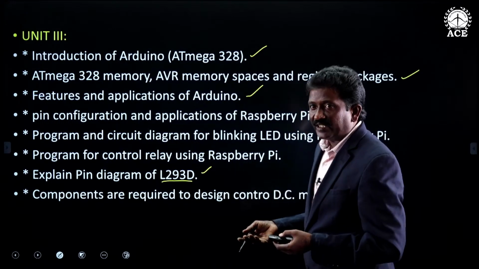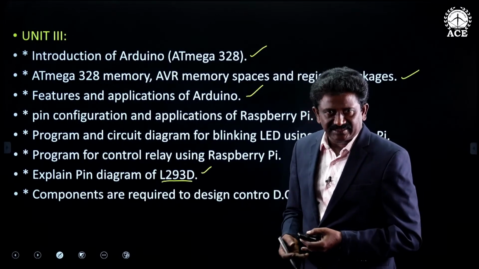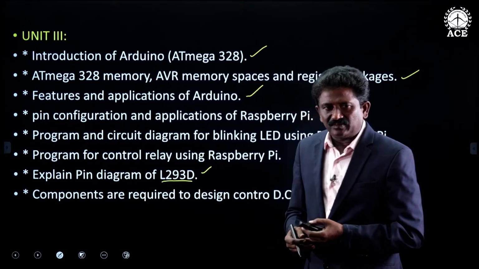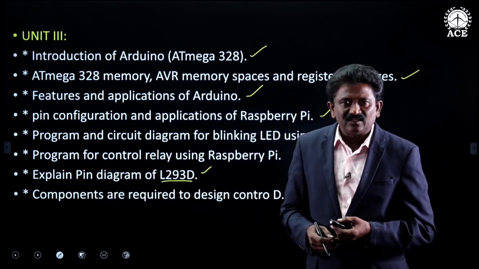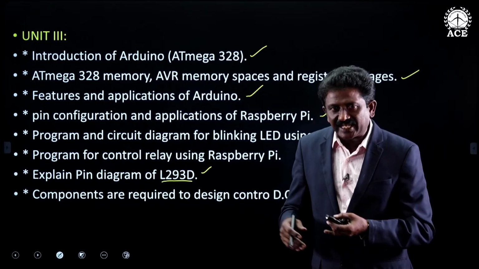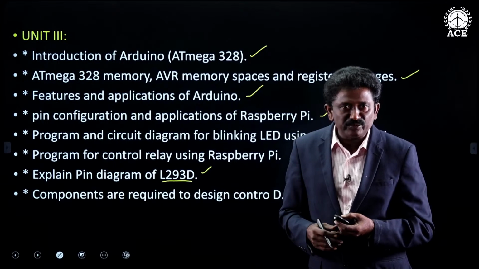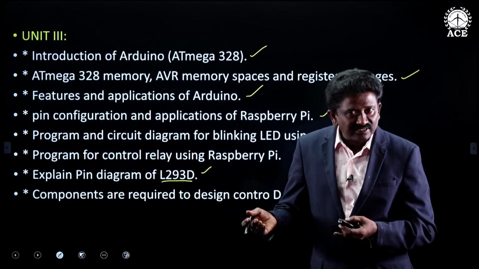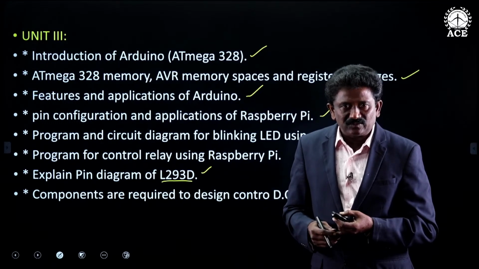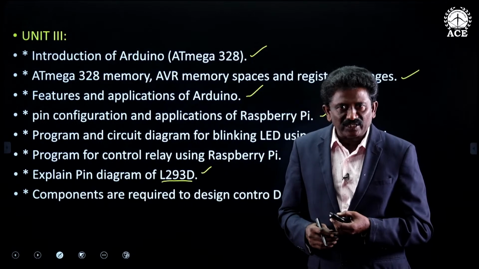With the help of Arduino, we can run some simple devices. For example, you can blink an LED, you can rotate a servo motor, you can catch temperature from the outside, you can catch humidity from the outside. So with Arduino we are able to run small types of devices.